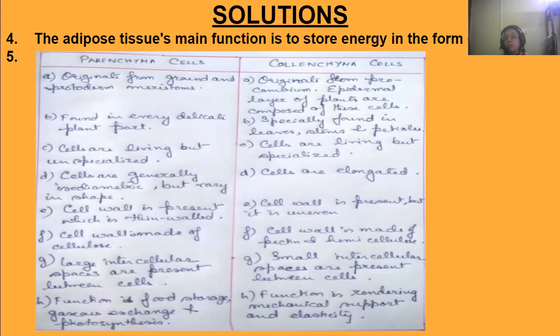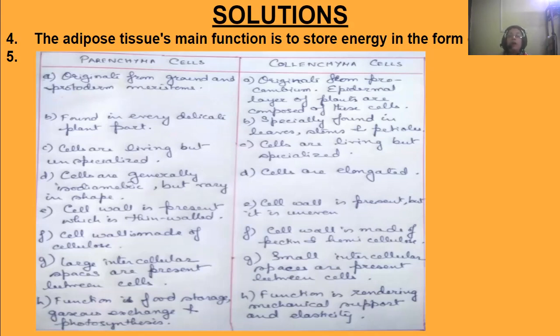The cell wall of the parenchyma cells is made up of cellulose, whereas the cell wall of the collenchyma cells is made up of hemicellulose and pectin. Parenchyma cells have large intercellular spaces between them, and collenchyma cells have small intercellular spaces between the cells.